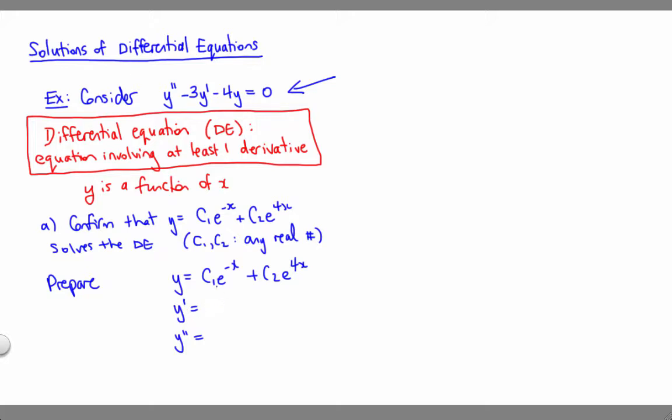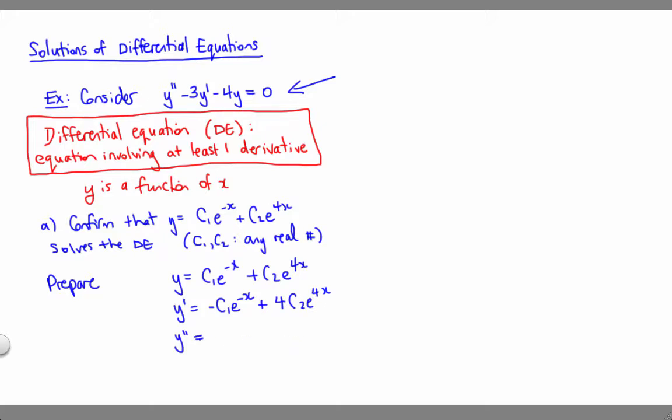Okay, so y prime. Taking the derivative of the exponential, we're going to get the derivative of the exponent, which is -1. That's going to come down in front. C1 is our coefficient, so that's staying in place, and then we're getting a copy of the exponential. So negative C1 e to the minus x for the first term, for the second term plus 4 C2 e to the 4x.